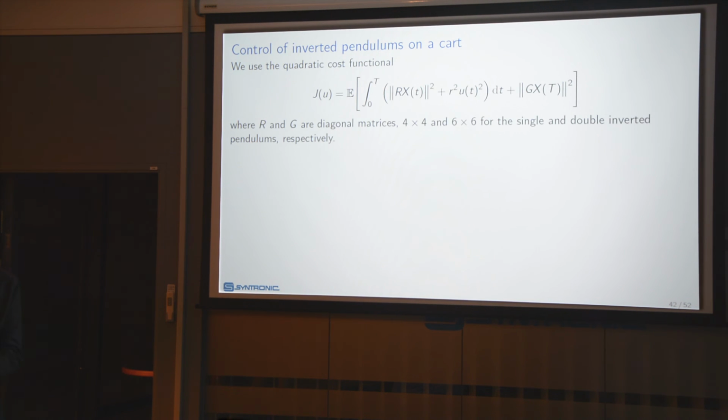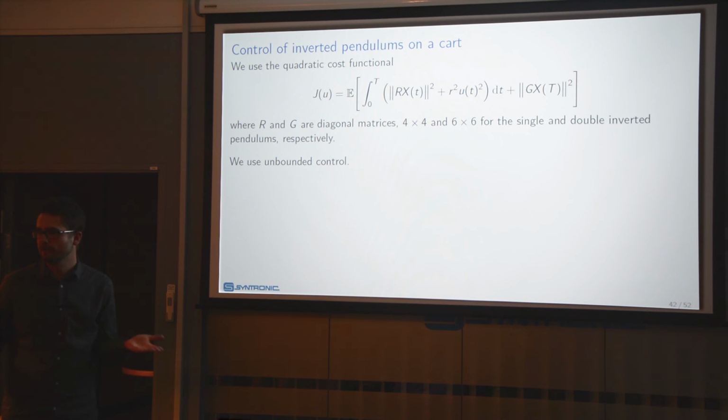And we use the most classical cost function in automatic control. We use the quadratic one. So R and G are just 4x4 diagonal matrices for the single inverted pendulum and 6x6 for the double. We use unbounded control.